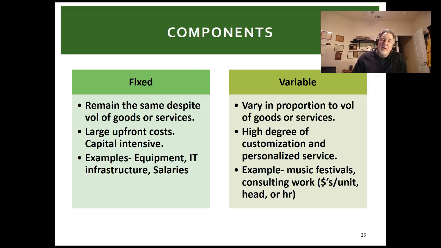So labor is one of those that can go both variable as well as fixed, and it just depends on whether you're part of producing the good. That's going to vary with volume, or even sometimes your sales costs can be a little bit variable with the volume as you add extra salespeople.